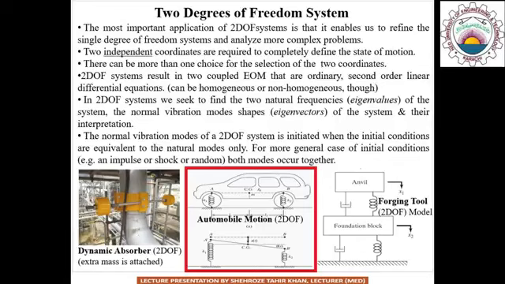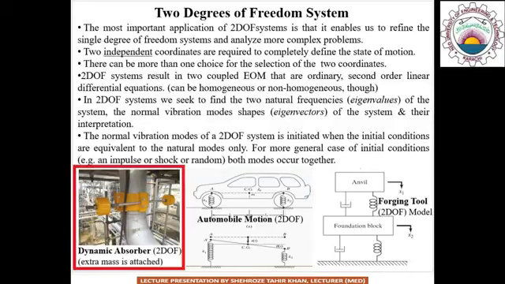Next, we have another example in which a dynamic absorber is shown. Basically, a dynamic absorber is a tuned secondary mass attached to the primary mass, which in this figure is a process pipeline. The vibrations of the pipe are dissipated by the vibrations of the attached secondary mass.